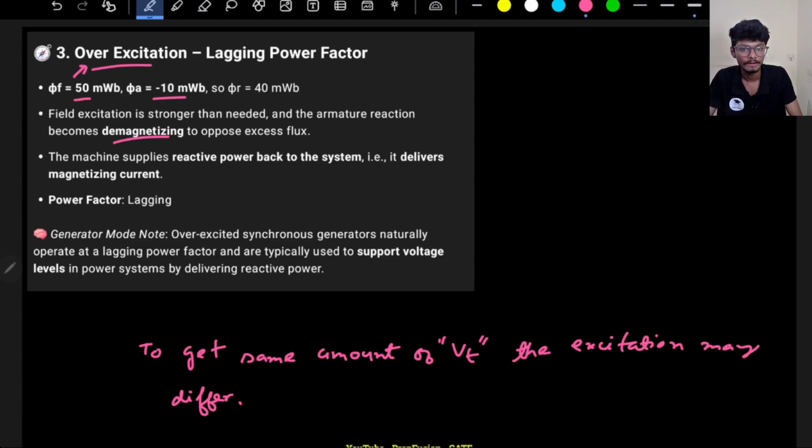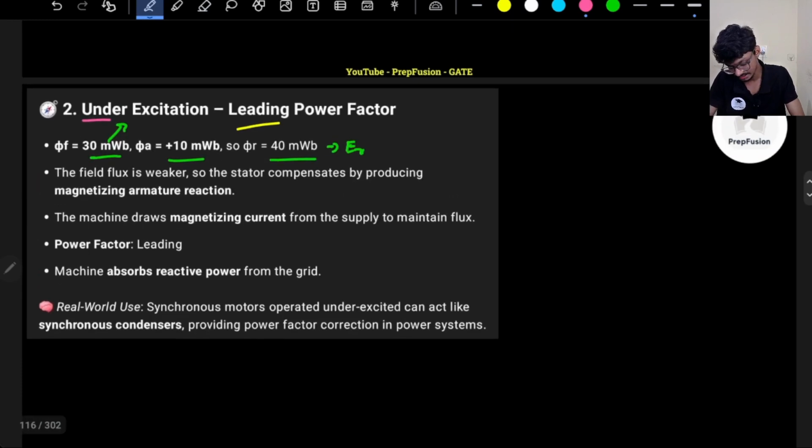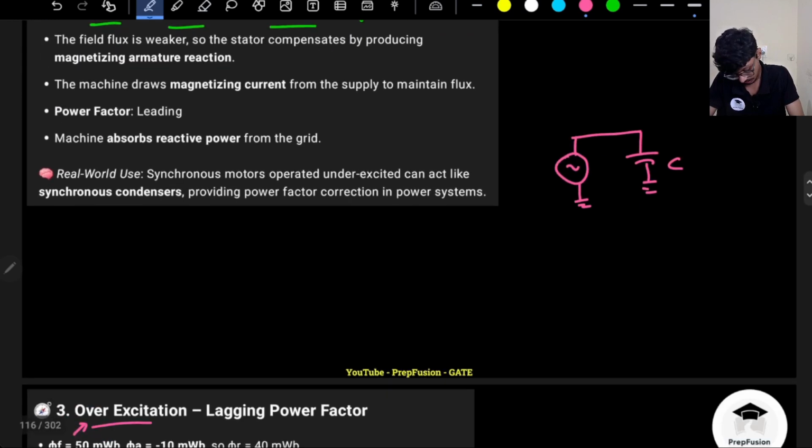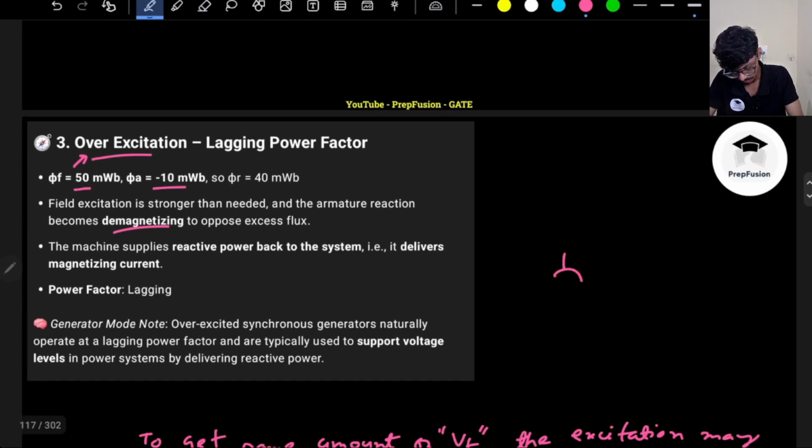In one case the load was a simple capacitive load, and here it is simply an inductive load.